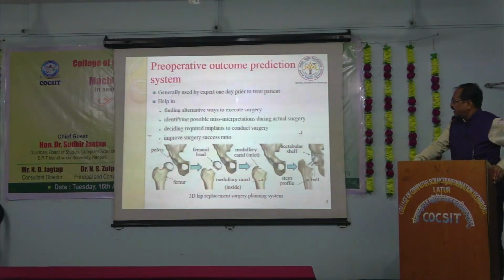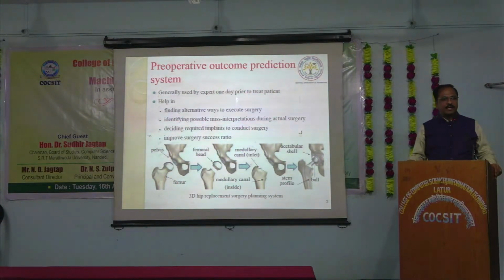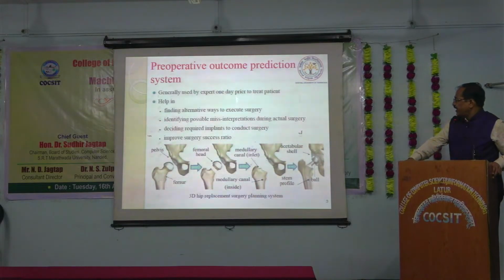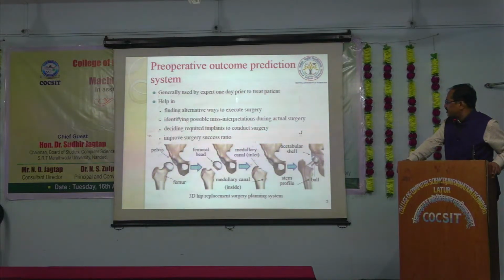This helps in pre-operative planning, and it helps in finding alternative ways to execute surgery. Whenever they conduct the surgery, they look at different alternatives, whether to cut from one point or another, from the back side or front side. It also helps in identifying possible misinterpretations during actual surgery. Sometimes when they look at the X-ray, there is a possibility of misinterpretation.